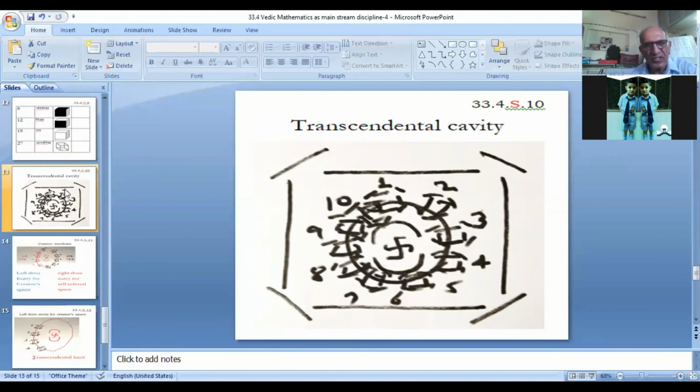Therefore, it is the transcendental cavity, a cavity within the creative boundary. The creative boundary of 10 components has an enveloping seal for the transcendental domain.